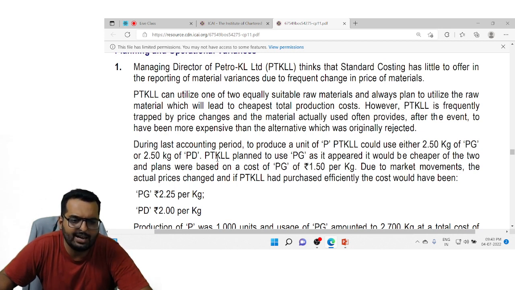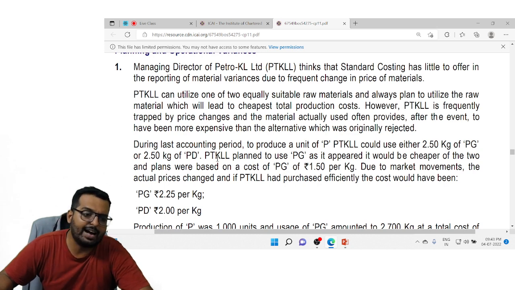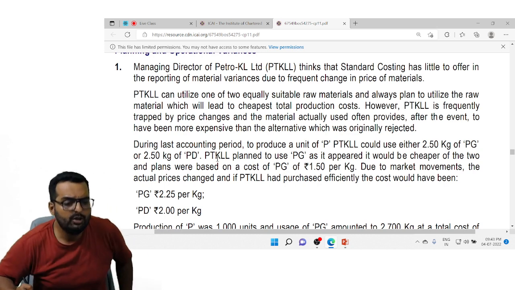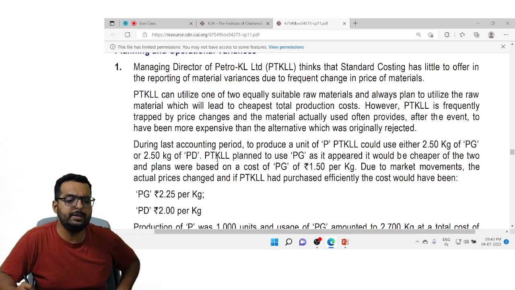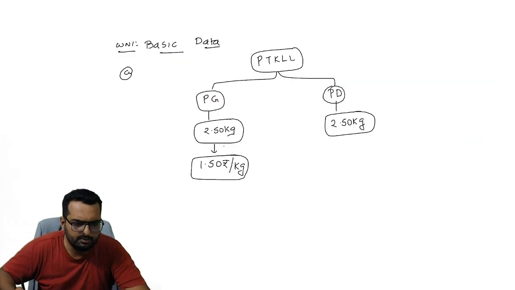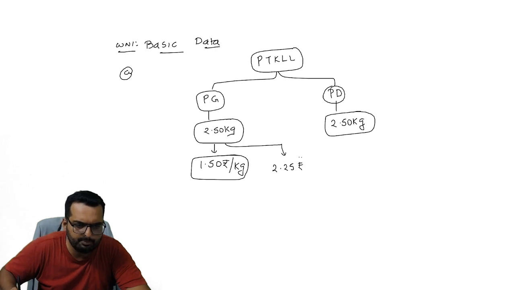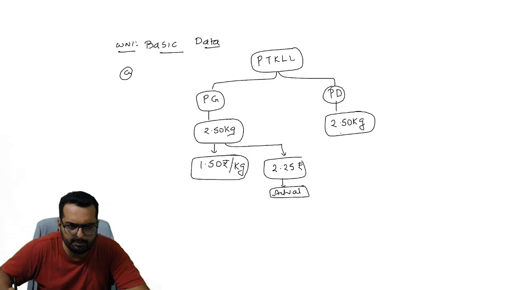If PTKL had purchased efficiently, the actual cost would have been 2.25 rupees for PG, whereas if it had gone for PD, the price would have been 2 rupees.